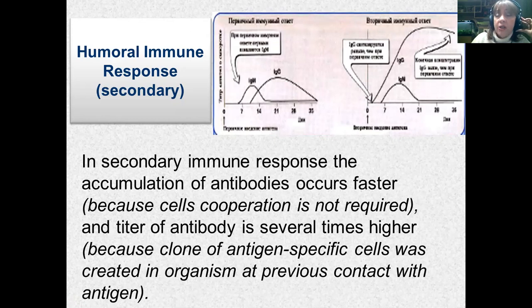But for each antigen, we have only a few cells. If an antigen enters the human body for the first time, it activates only specific T and B cells. These cells start to multiply and produce a whole clone of memory cells. And on the next invasion, the antigen reacts with this whole clone. All these numerous cells start to multiply, turn into plasma cells, and produce much more immunoglobulins than in the primary immune response.